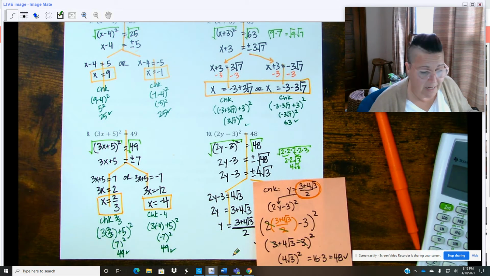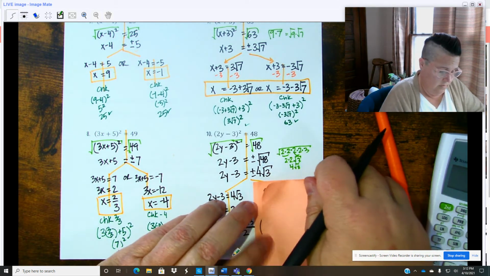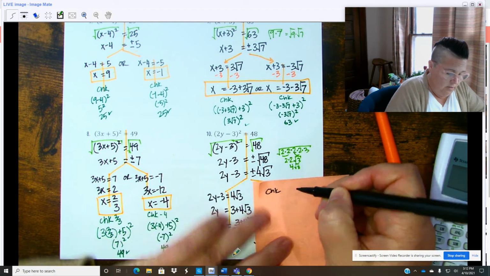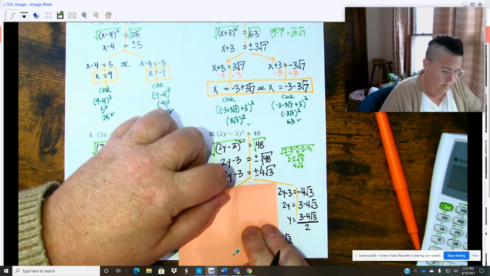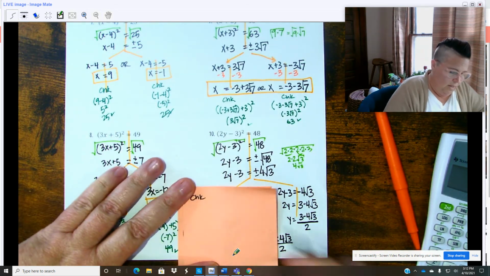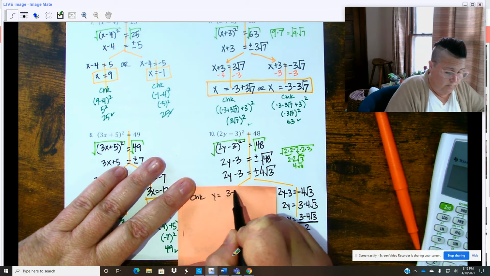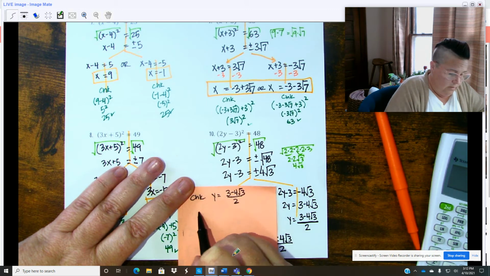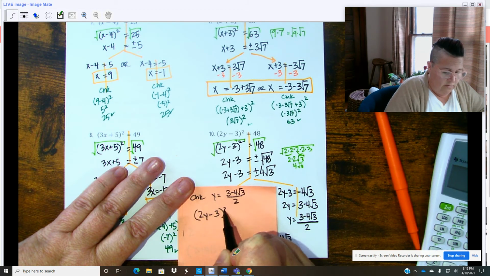If I check the negative portion of this, y is equal to 3 minus 4 square roots of 3 over 2, I'm going to put all of that into 2y minus 3 squared.